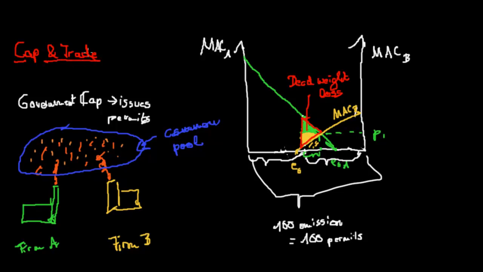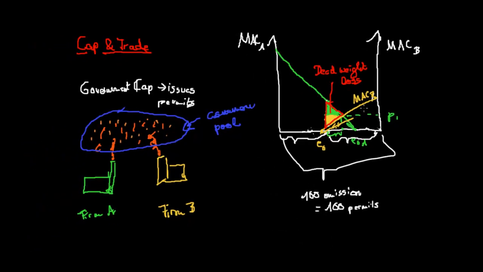And if you want to learn how the incentives work, I'm going to show that to you in the next video, how firms actually have even an incentive to lower their marginal abatement costs to have this kind of marginal abatement cost schedule, and to have even greater revenues from reducing their emissions.